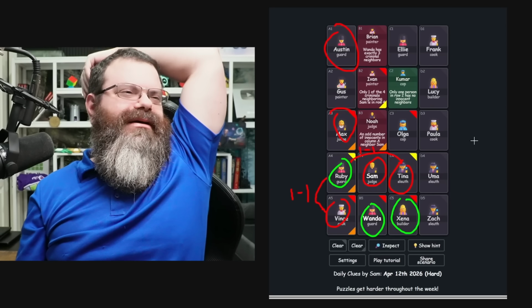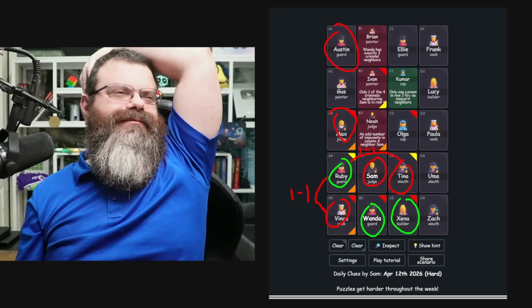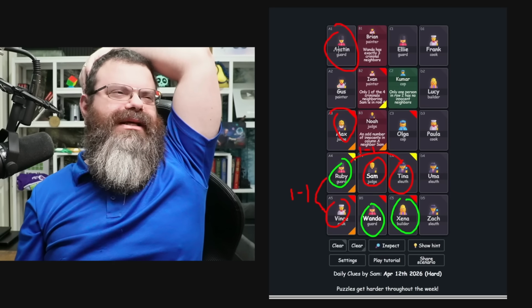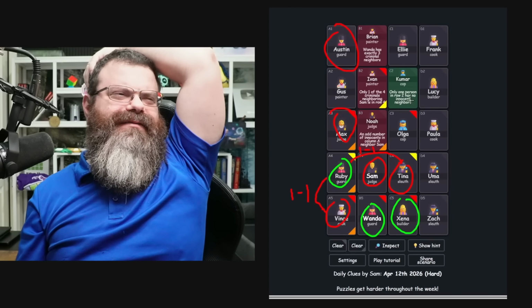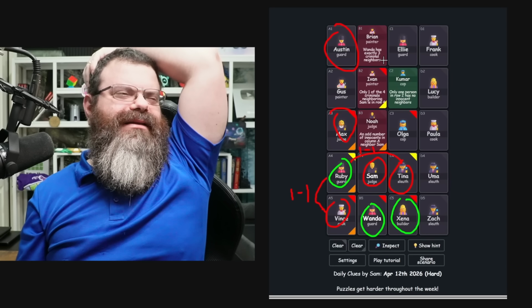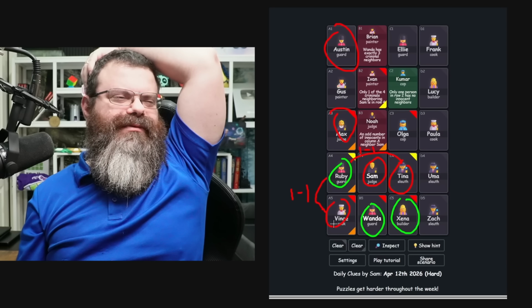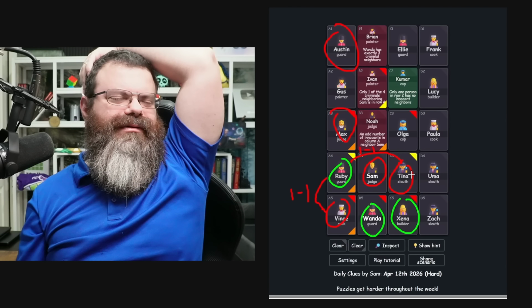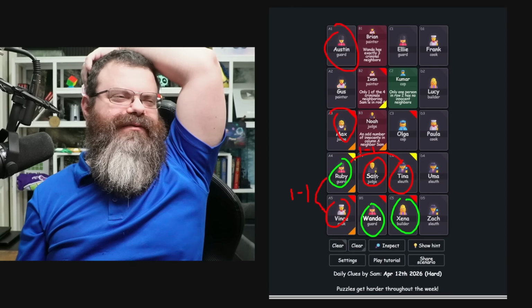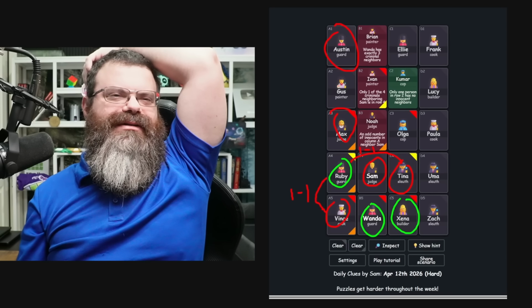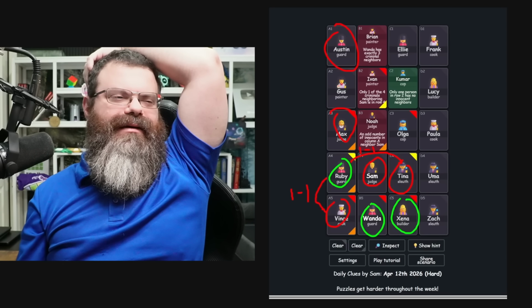Okay, let's just double check. So Gus has no innocent neighbors, so that fulfills Kumar. Kumar can just have one of these be innocent, and that's fulfilled. Wanda has exactly 3 criminal neighbors. That's true. 1, 2, 3. Only one of the 4 criminals surrounding Sam is in row 4. So Sam needs 4 criminals surrounding. 1, 2, 3, 4. So that does make Olga innocent, so we can at least mark that.